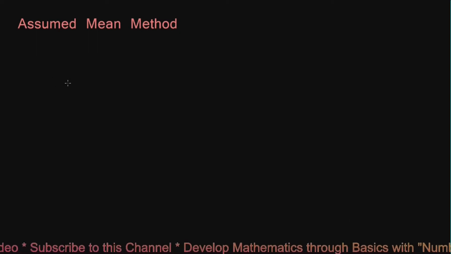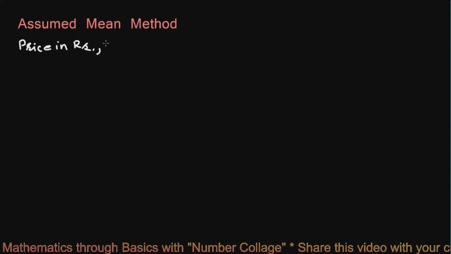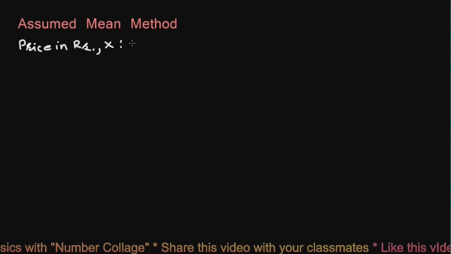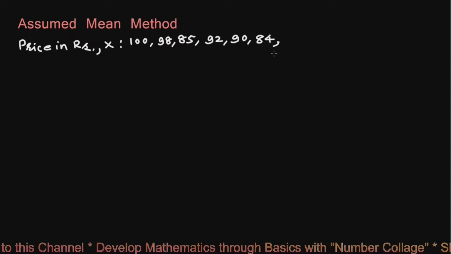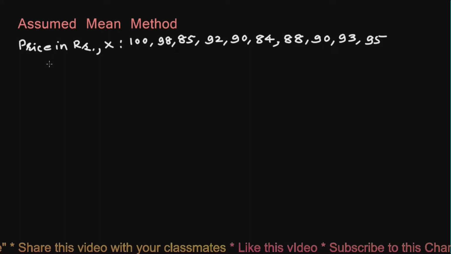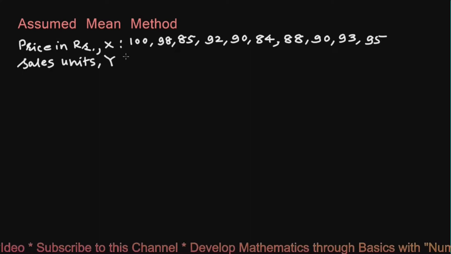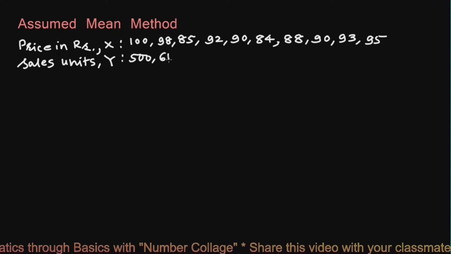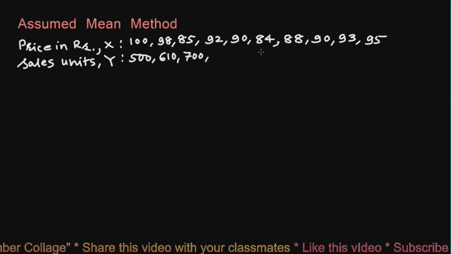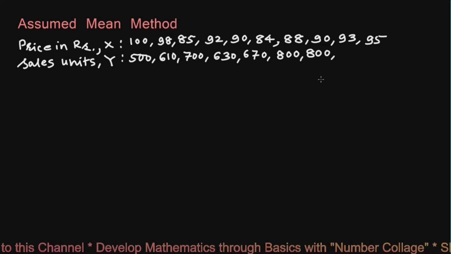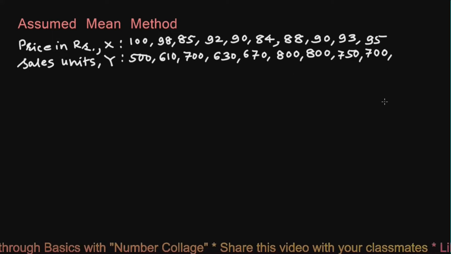The bivariate data given is, we denote price in rupees as x, and the values given are 100, 98, 85, 92, 90, 84, 88, 90, 93 and 95, and sales units by y, and the values given are 500, 610, 700, 630, 670, 800, 800, 750, 700 and 690.